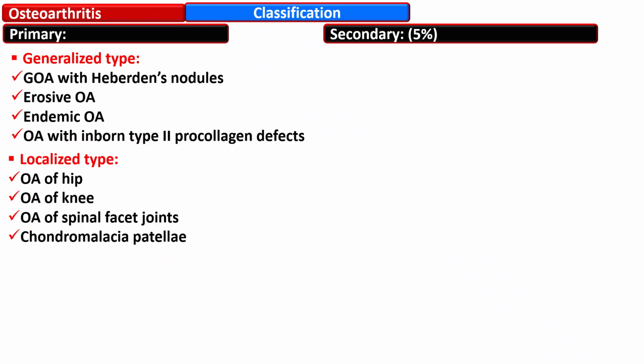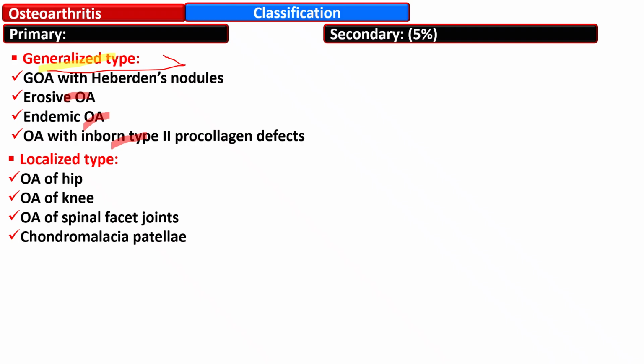Generalized osteoarthritis encompasses generalized osteoarthritis with Heberden nodes, then erosive osteoarthritis, endemic osteoarthritis, and osteoarthritis of inborn type that is associated with type 2 procollagen defects.